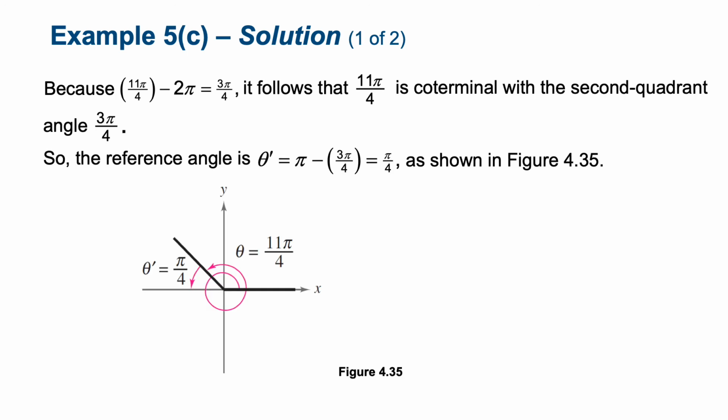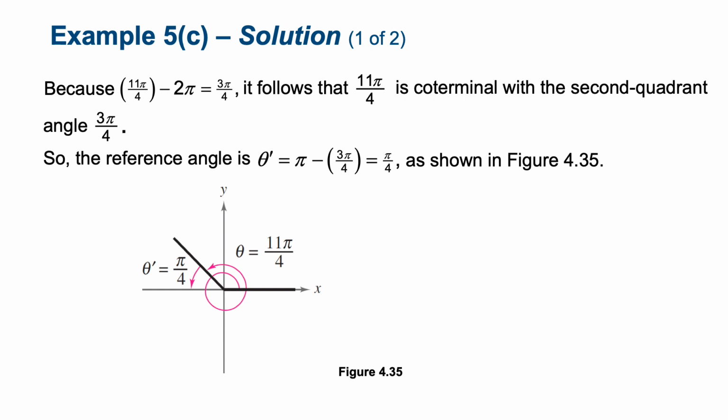Finally, let's do cosecant of 11 pi over 4. Where is 11 pi over 4? If we turn that into a mixed number, it's 2 and 3/4 pi. Look at the way the pink arrow goes: it starts at the x-axis, goes one whole rotation back to the positive x-axis, and then goes on 3/4 pi, so it ends up in quadrant 2.